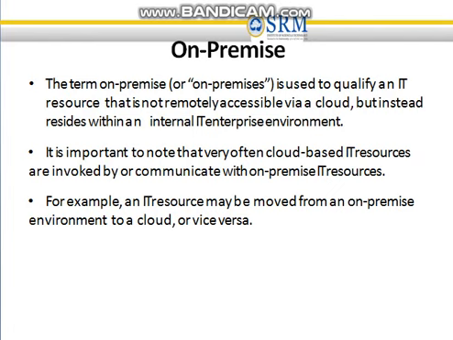We'll move on to the next term, on premises. The term on premises is used to qualify an IT resource that is not remotely accessible via a cloud, but instead resides within an internal IT enterprise environment. Very often, cloud-based IT resources are invoked by or communicate with on-premise IT resources. For example, an IT resource may be moved from an on-premise environment to a cloud or vice versa.